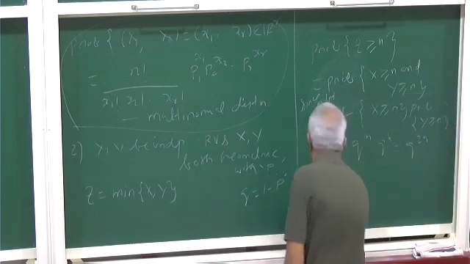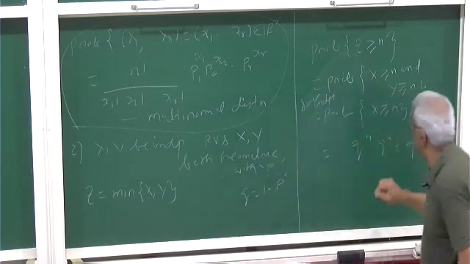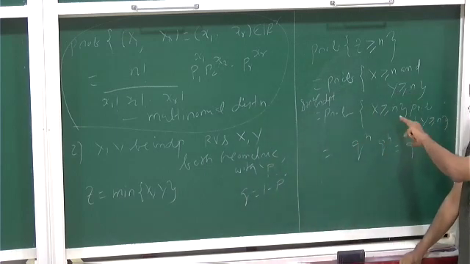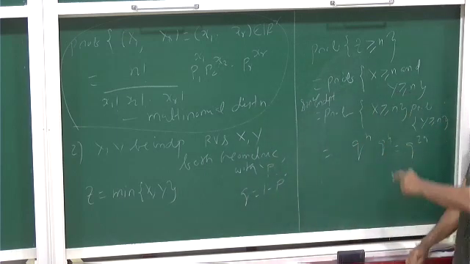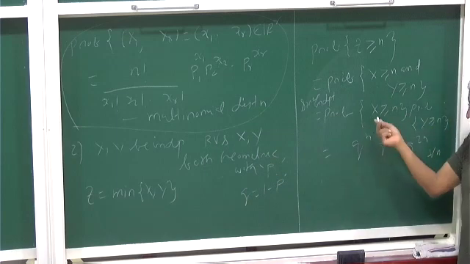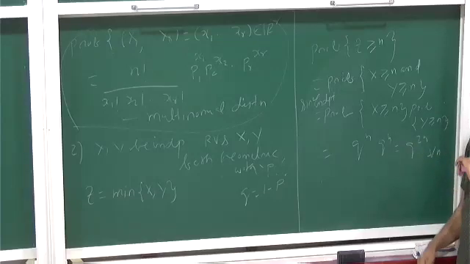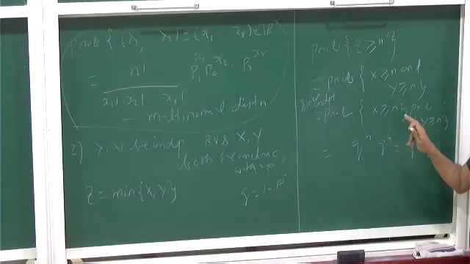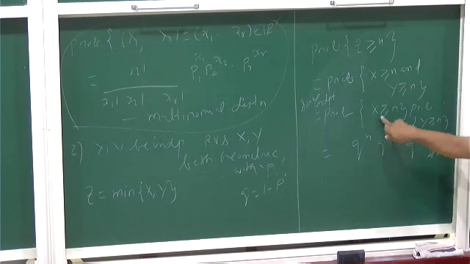So from this we can calculate the probability of n, because you know this for all n. Then the probability of Z equal to n, you just subtract the next one from this.